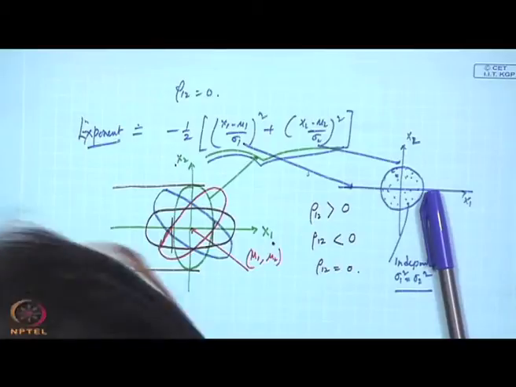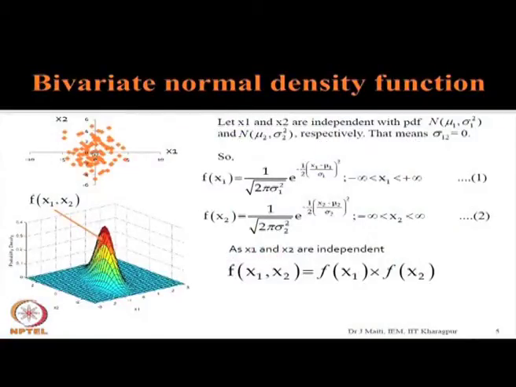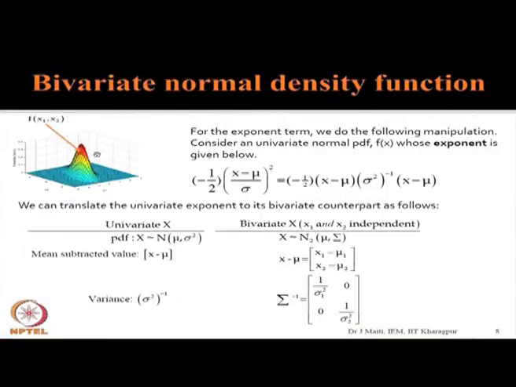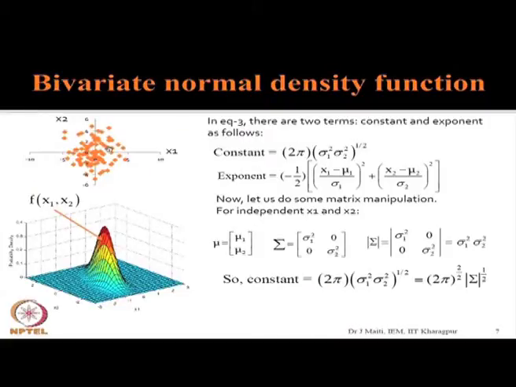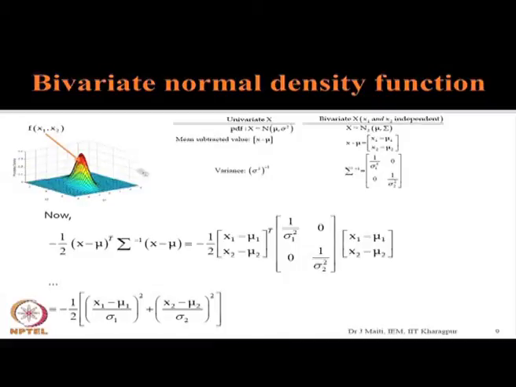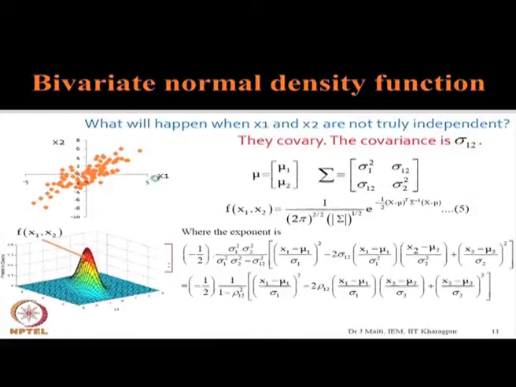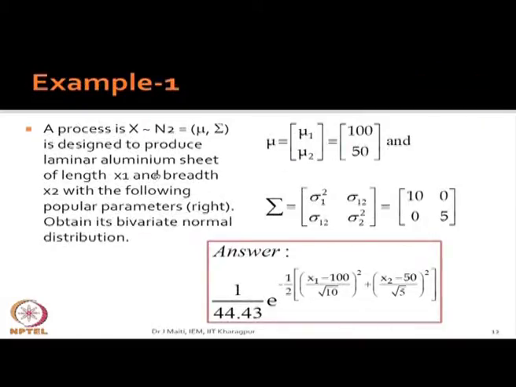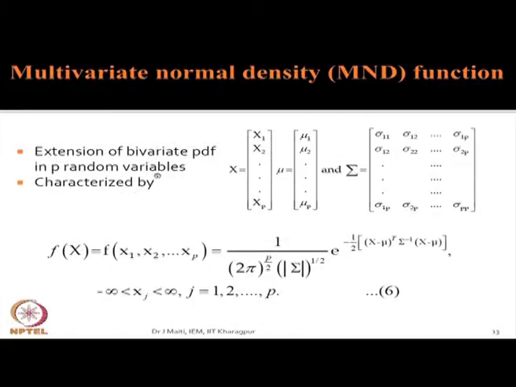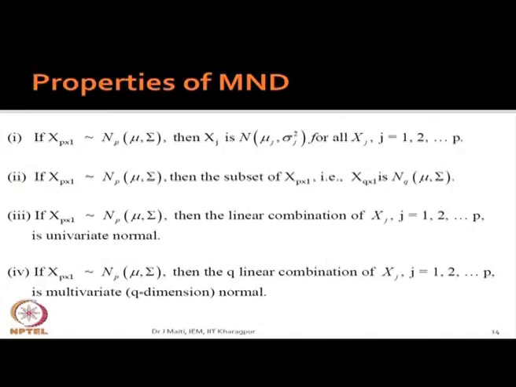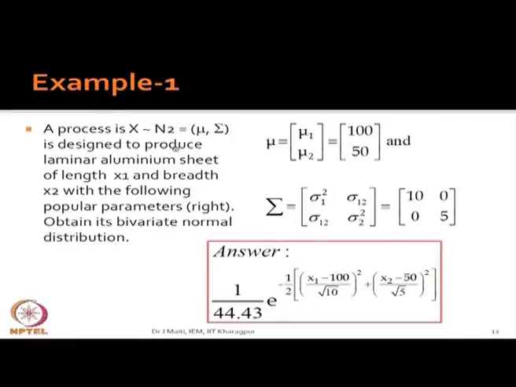Let us see some of the slides here. This is multivariate. Okay. So, let us see this one first. I will come back to this how to determine the axis and length, all those things.